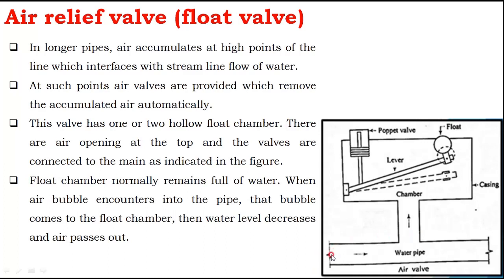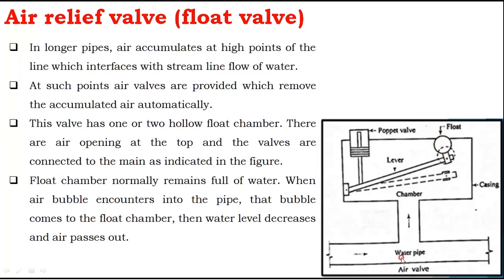Whenever the water is flowing through this water pipe, if an air bubble is there, then when it comes near this valve chamber, it will come to this one, and here one float is made. When an air bubble comes, this float comes down, then the air bubble escapes.